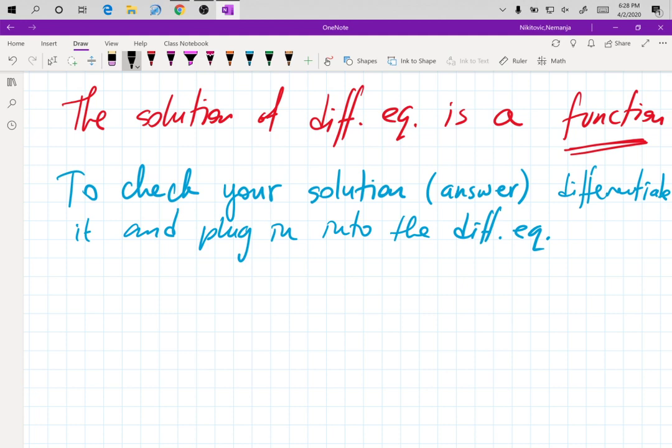If you have an equation x plus 2 equals 7 and you solve x equals 5, to check you plug in 5 plus 2 and you get 7 equals 7 and you know it's correct. Now, it's going to be a little bit more annoying because you will calculate your y, then you have to take y prime, maybe y double prime, and so on, and plug that stuff in. So we'll get there when we solve some of the basic examples that we have in 9.3.